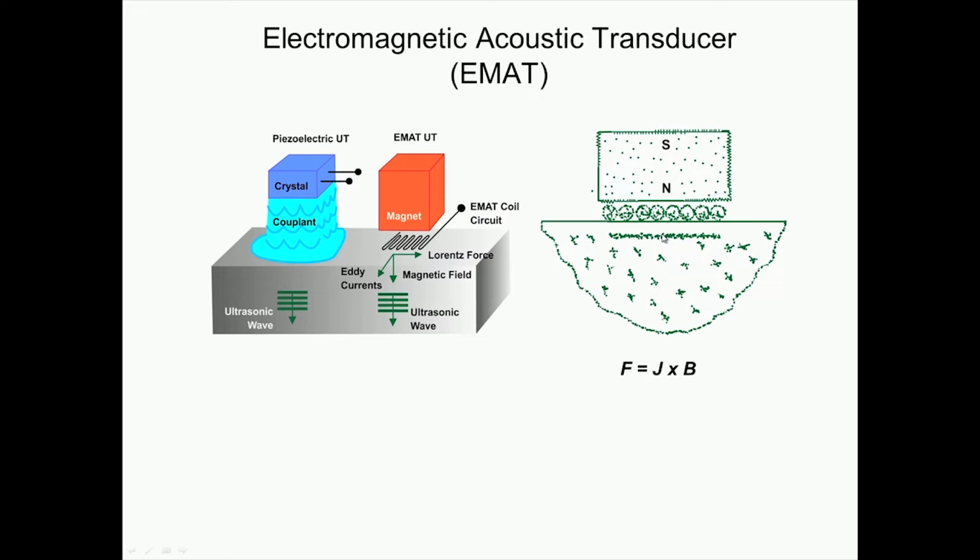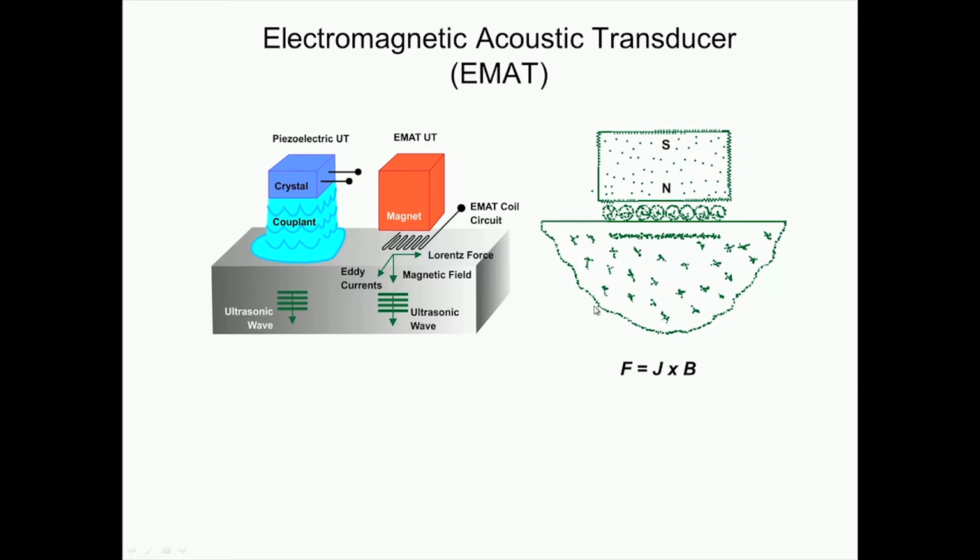Now, if you bring a permanent magnet, a magnetic field around this, then due to that magnetic field and the induced current, a mechanical force will be generated, which is known as the Lorentz force, which is shown over here.